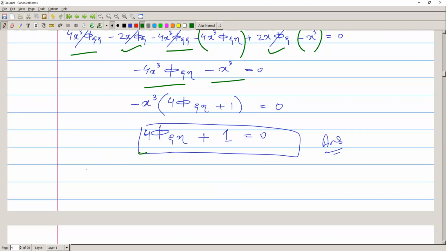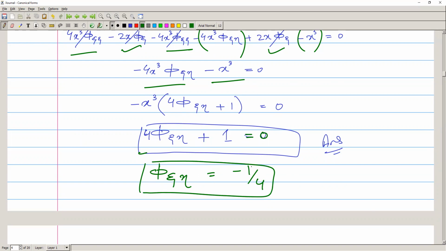We have transformed the given equation that initially seemed to be complex, but now we are feeling easy about solving this equation because we can just write it in this manner, equals negative 1 over 4, and then we can integrate this function first with respect to eta and then with respect to psi. So we will easily find the solution from here, right? So this is the canonical form, and that was our main objective, right?